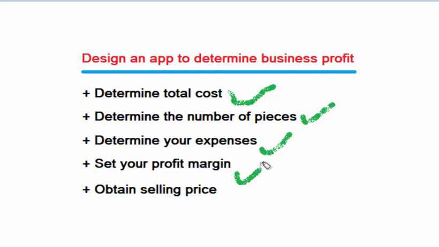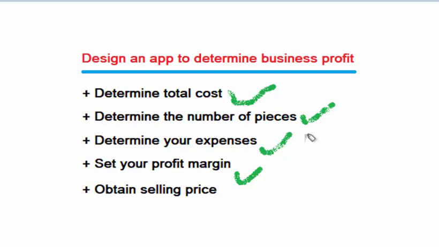Finally, you set your margin, and remember, rent is also part of the expenses we normally incur. So you set your profit margin. From each loaf of bread, if I'm going to sell one at 100 bucks, then I'm going to maybe need 20 bucks from that loaf of bread.